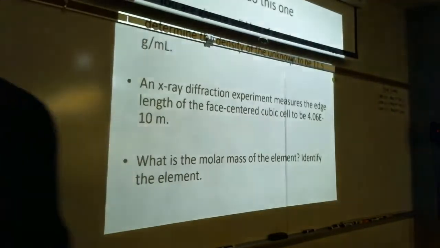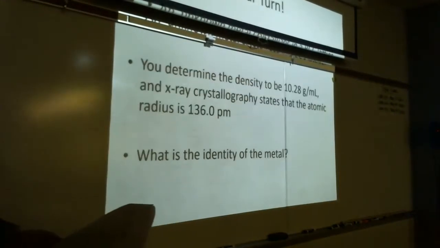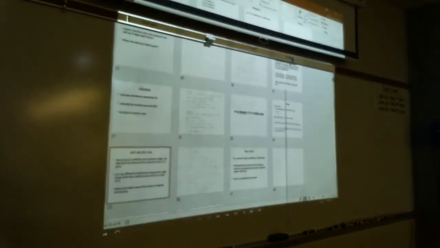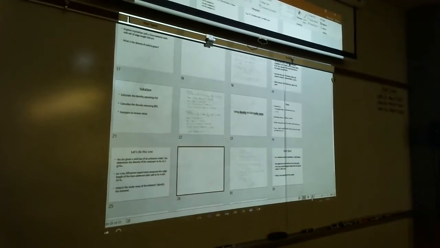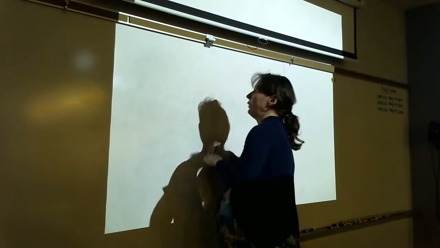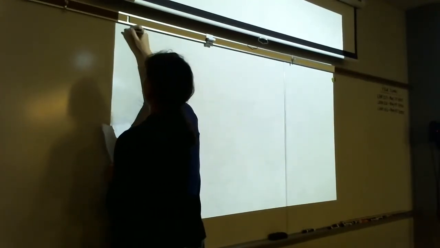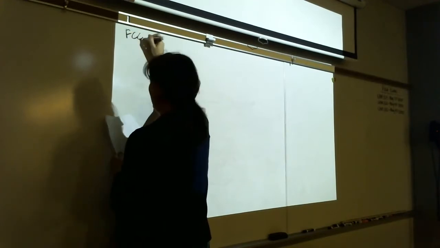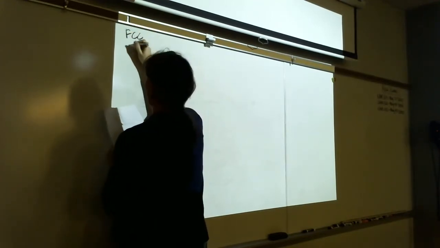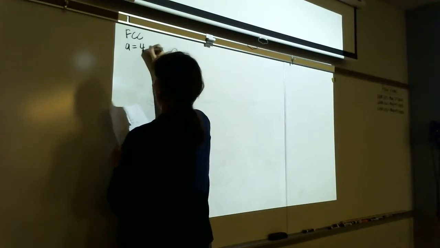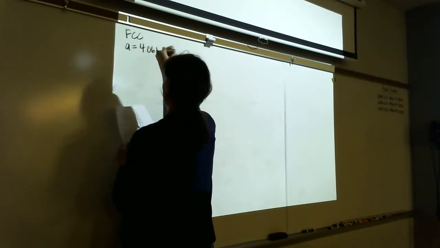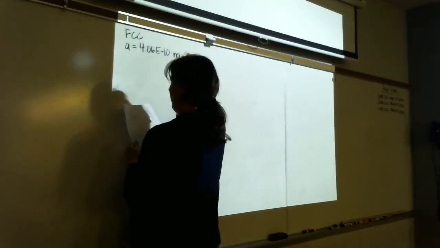So, let's list all our information. What were we given? The problem tells us it's face-centered cubic. It's got an edge length of 4.06 times 10 to the negative 10th meters.